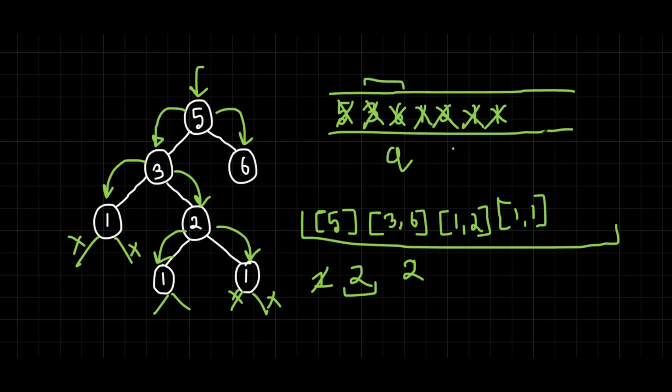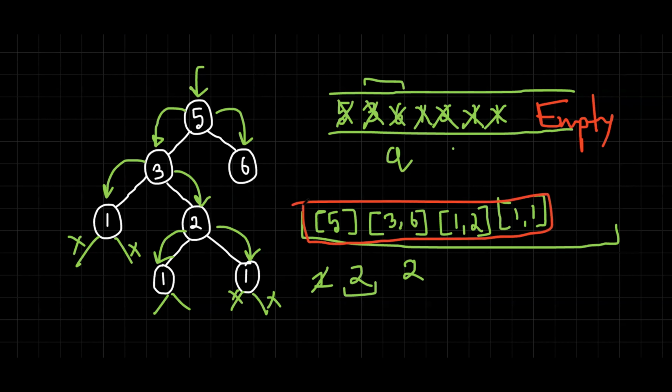Now we see that our queue has become empty, which means we do not have any remaining nodes in the queue. And our sequence is this. This is the level order traversal sequence of the given tree, and this is how the breadth first search algorithm works. The overall time complexity of this problem is O of n, where n is the number of nodes.